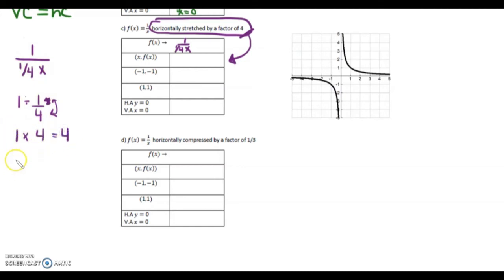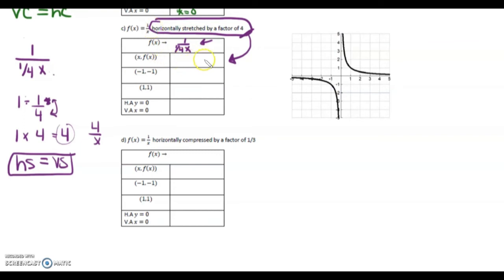So we can see here that a horizontal stretch, because if this is just a 4, it's going to look like 4 over that original x. A horizontal stretch and a vertical stretch are actually equivalent. But you don't need to do this for this question. You can just write it formally as a horizontal stretch.